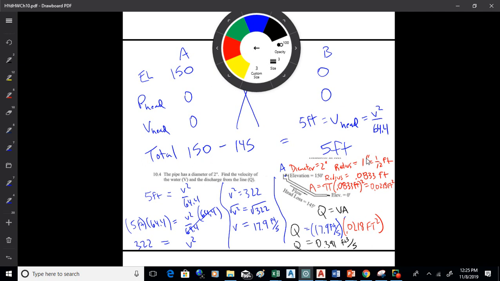You can then find the area, which would be pi times the radius squared. Okay, the diameter is 2 inches. So the radius is 1 inch, which is 1/12 of a foot, 0.0833 feet. The area is pi r squared. So 0.0218 square feet. Multiply that by the velocity, you get the flow rate. So you get the velocity, and then you also get the flow rate.